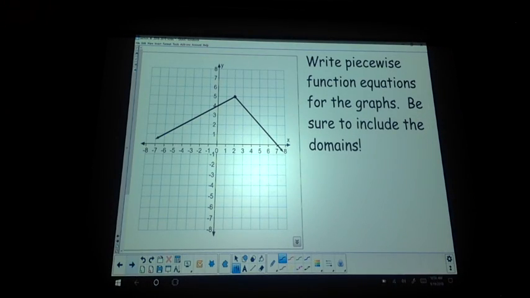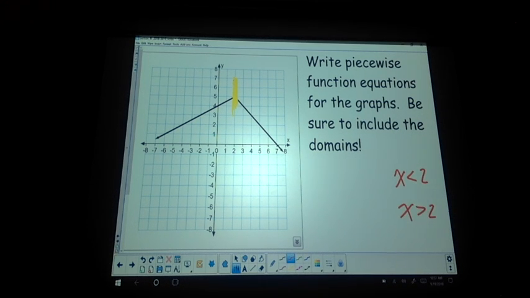So taking a look at this piecewise, first thing I want to do is identify what that line right there is. Is it a restriction? Okay, so it is 2. So I'm going to have one equation that is less than 2 and one equation that's greater than 2.